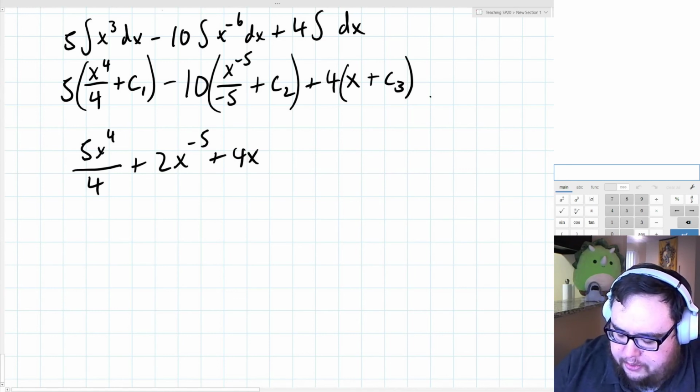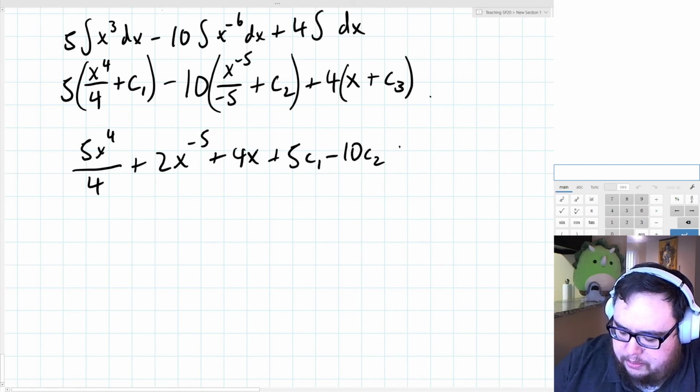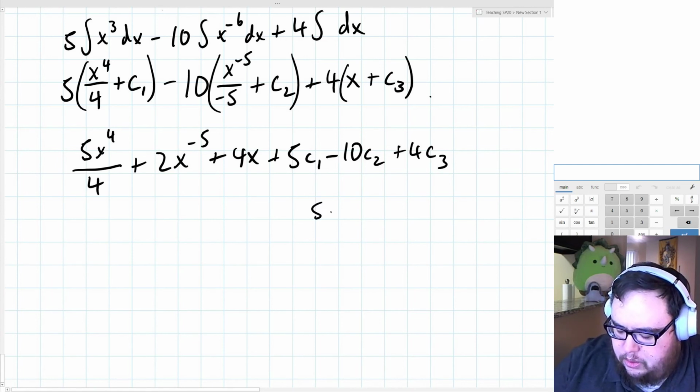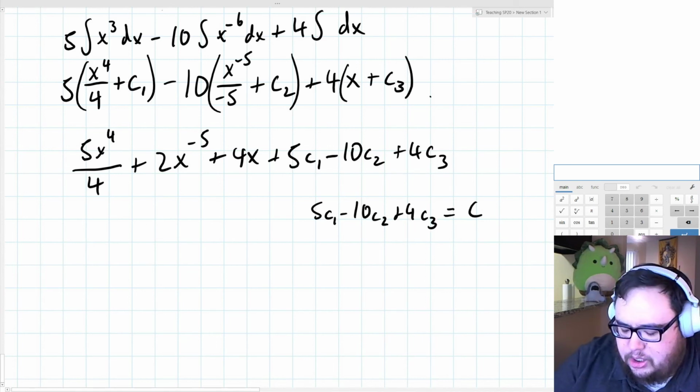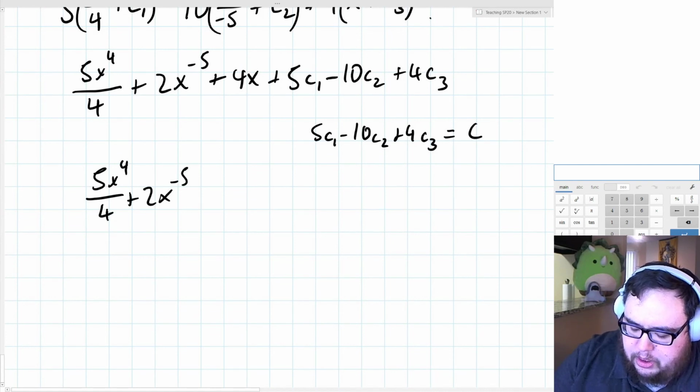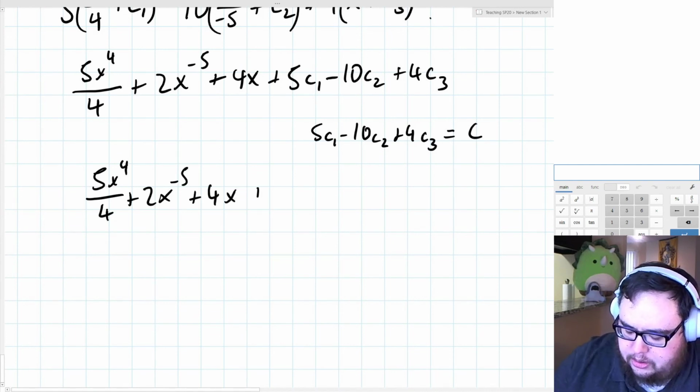And then we have plus 5c1 minus 10c2 plus 4c3. But I'm just going to say 5c1 minus 10c2 plus 4c3 is equal to just c. So our answer is really 5x to the 4th over 4 plus 2x to the negative 5 plus 4x plus a constant.